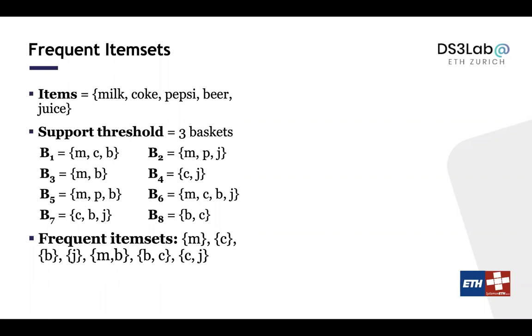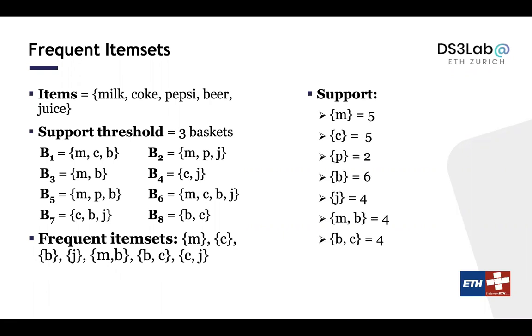And then you can look at combinations of those. For example, milk and beer appear in B1, B3, B5, and B6. So the support of the item set M and B is 4, larger than 3, so it's a frequent item set. In fact, all of these item sets are frequent in the sense that they have a support larger than 3, which is the threshold that you define in your database.